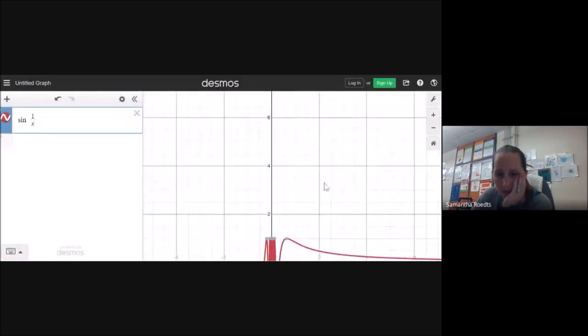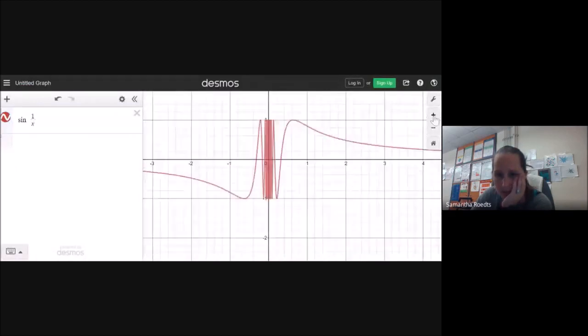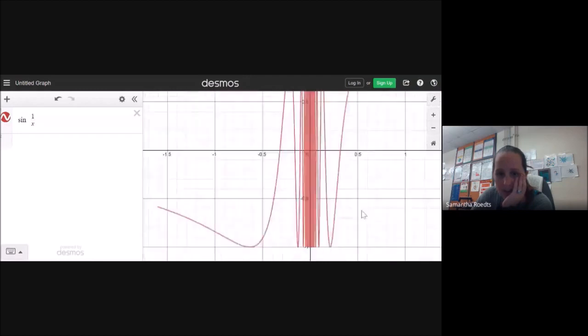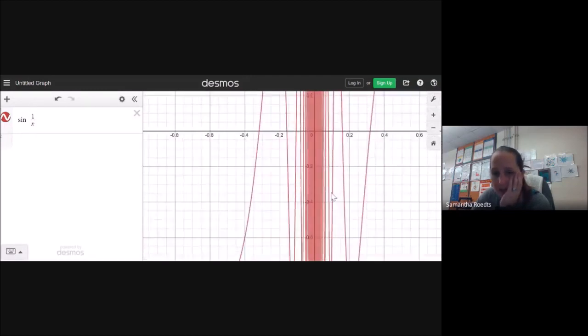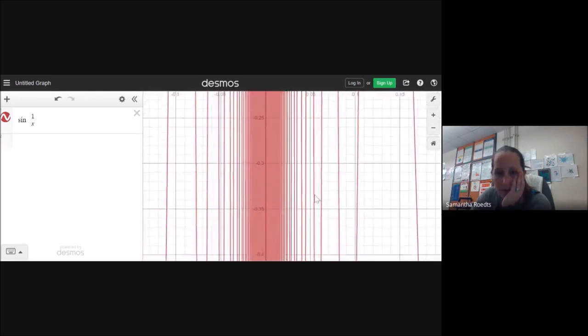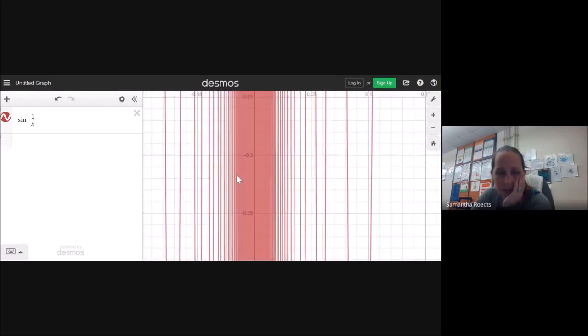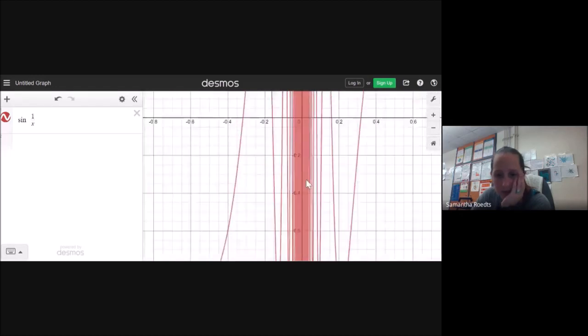As I get closer, it does these crazy things. Like this whole thing is blacked out because as I scroll in closer and closer, you can see that these are each becoming individual lines. So it just does random weird things.